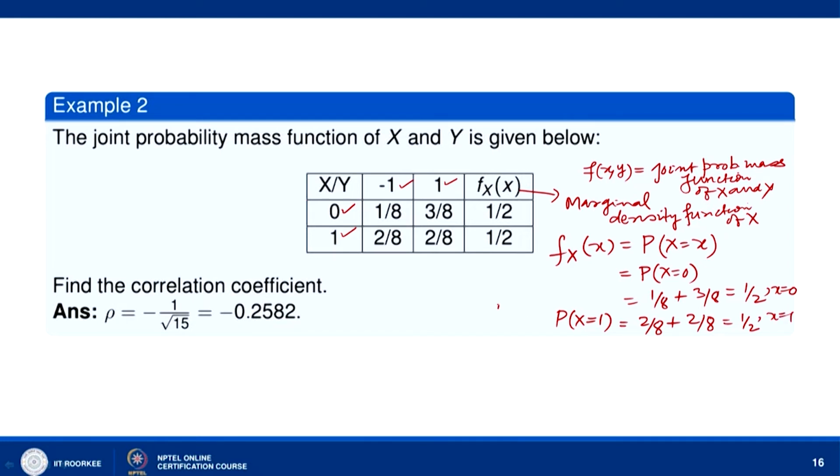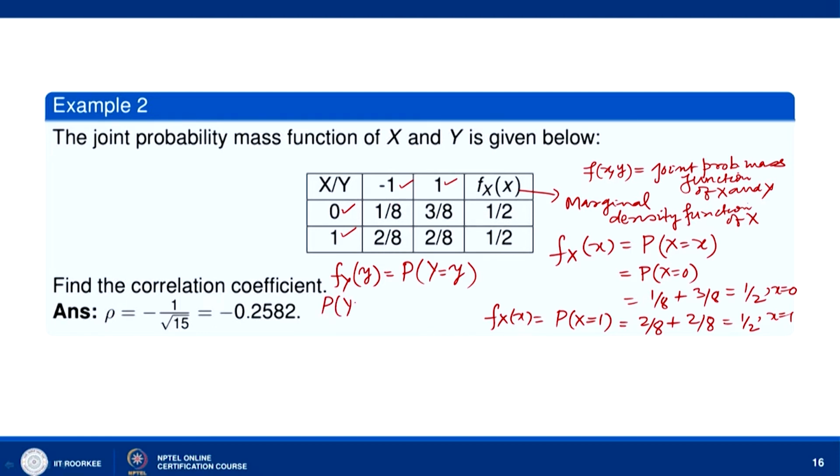So, f x x is equal to 1 by 2 when x takes the value 0 and 1 by 2 again when x is equal to 1. Now, let us find f y y. F y y is the probability that y takes the value y. Let us first find the probability that y takes the value minus 1.